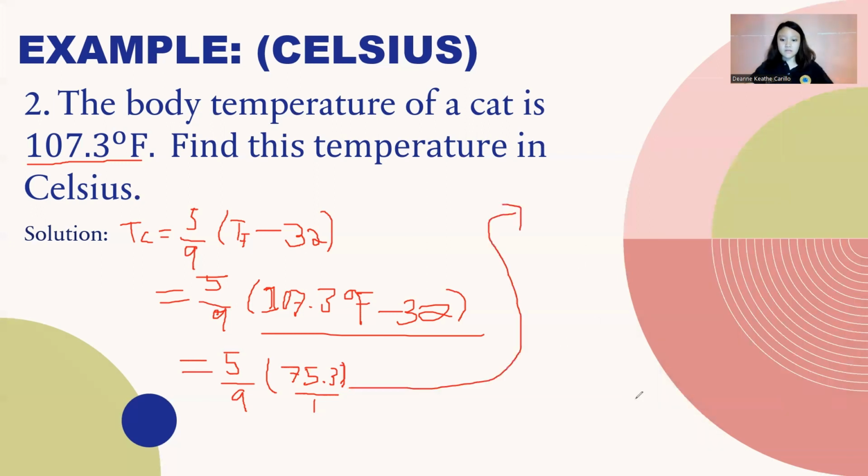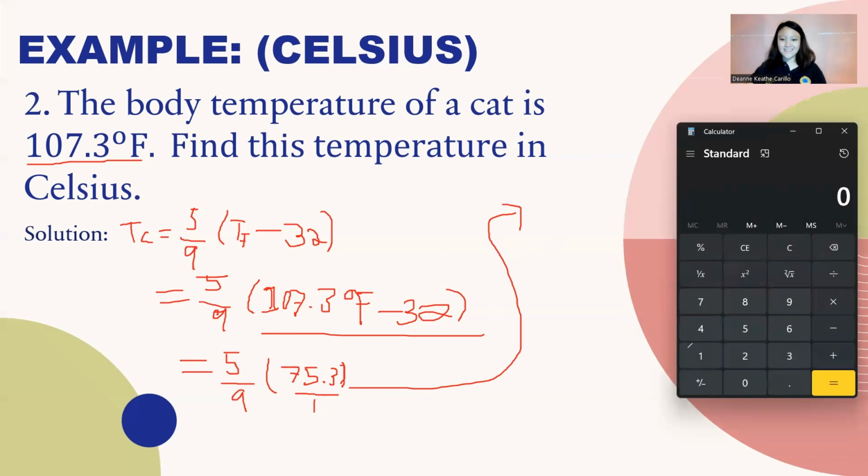Continuation. Let's use the built-in calculator again. 5 multiplied by 75.3 is equal to 376.5 over 9 multiplied by 1, which is automatically 9.